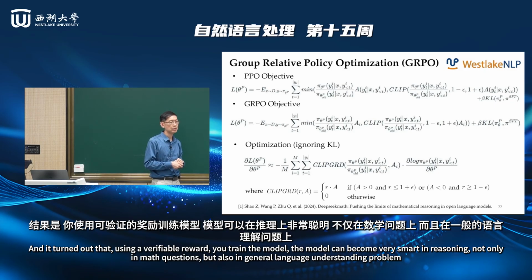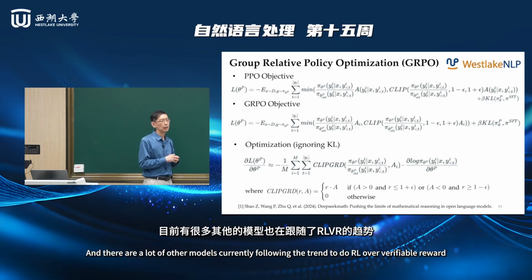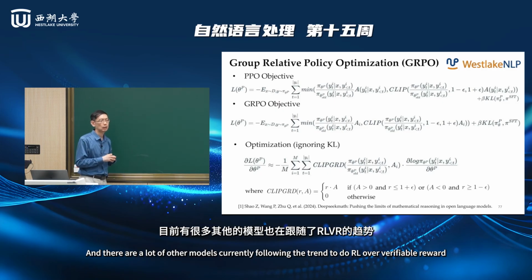Not only in math questions, but also in general language understanding problems. You know DeepSeek R1, and you know OpenAI O1 and O3. And there are a lot of other models currently following the trend to do RL over verifiable reward.